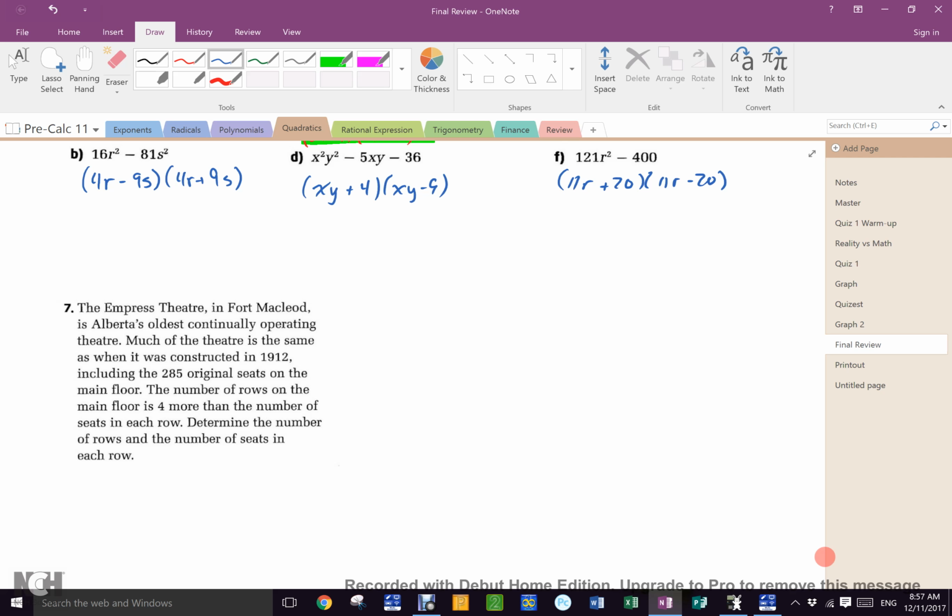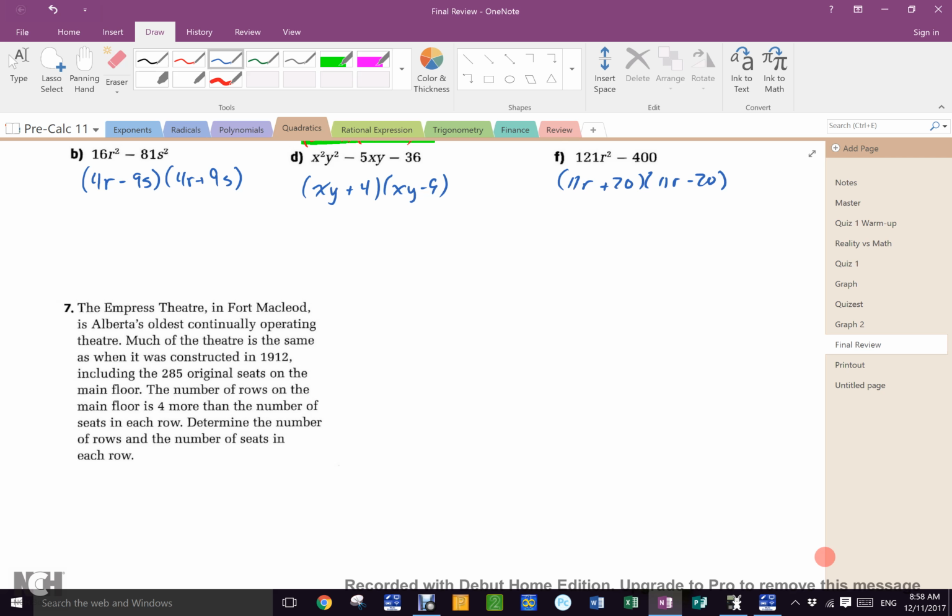And setting it up in math class means getting an equation, right? So what are the things I am counting in number 7? I need 2 variables. What are they? What are the 2 things that you don't know?